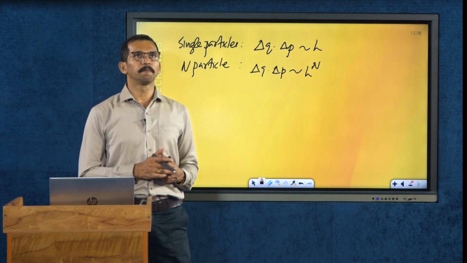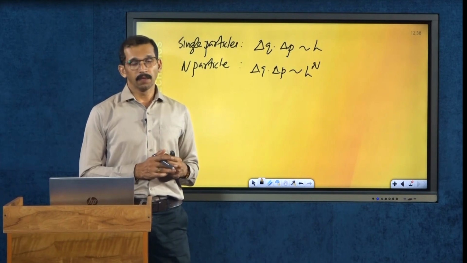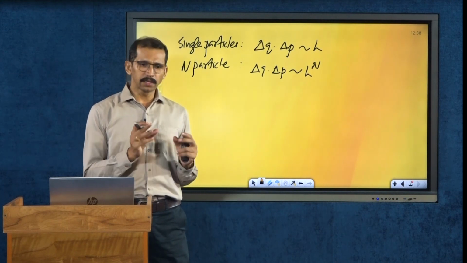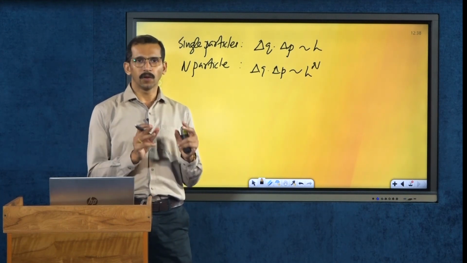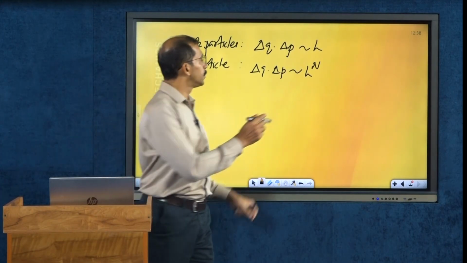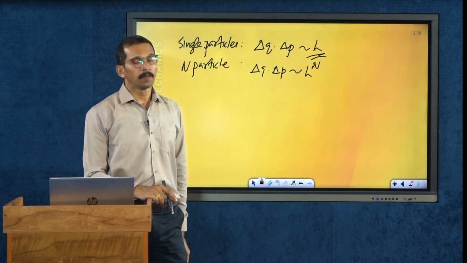Which means that if I take one single particle in the space, and ask what volume that single particle will occupy in that space, my answer would be this h, right?